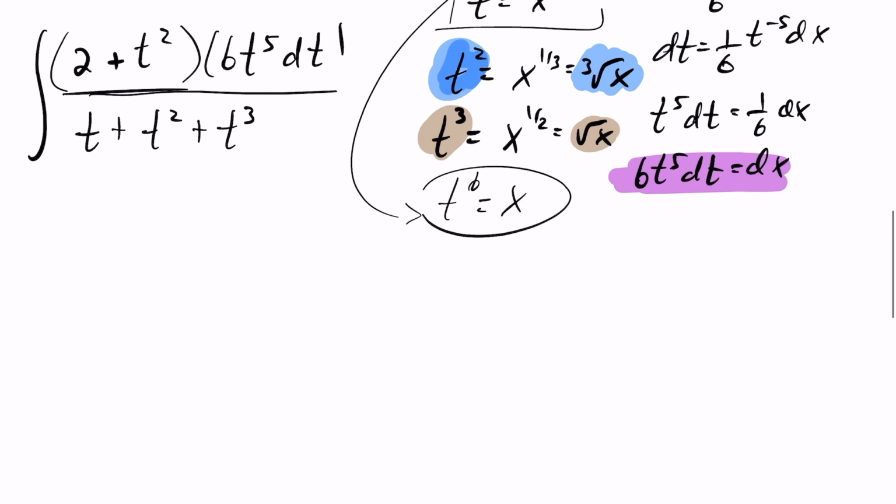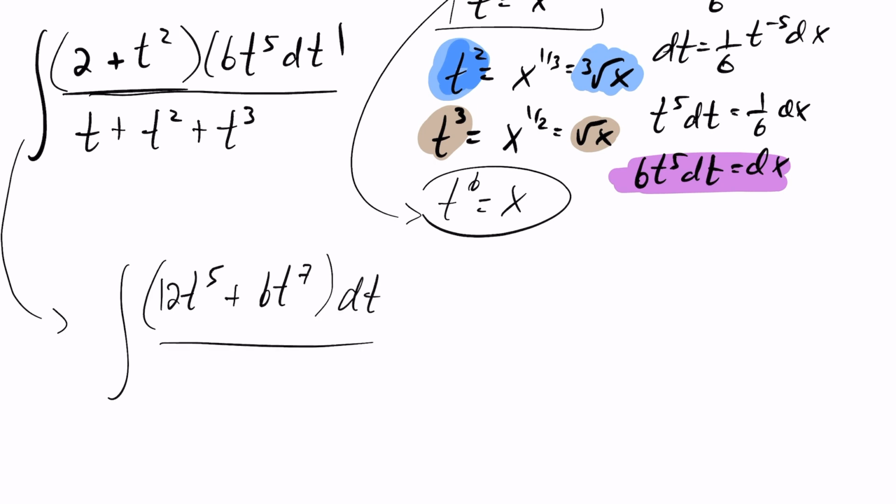So now we're looking at the following expression. Let's go ahead and continue this. So now I have the integral of 12t to the 5th plus 6t to the 7th with respect to t, and this whole thing is over t plus t squared plus t cubed.